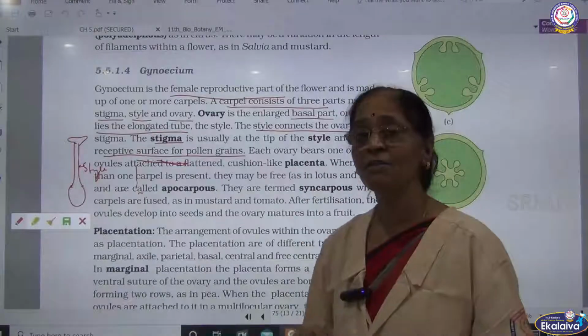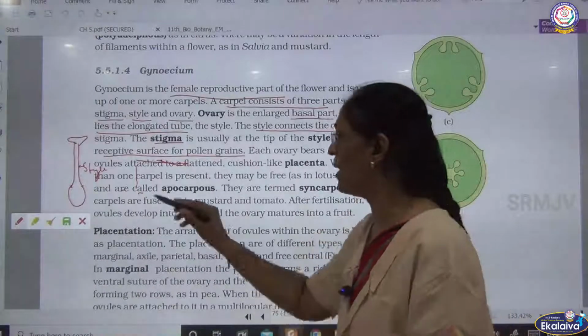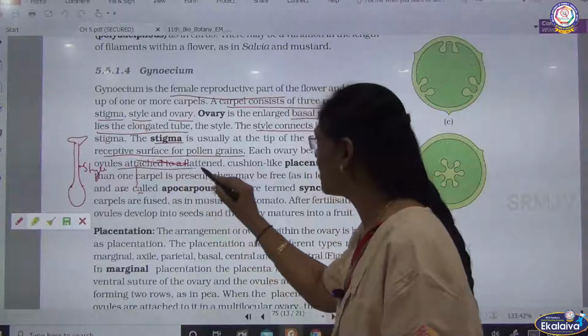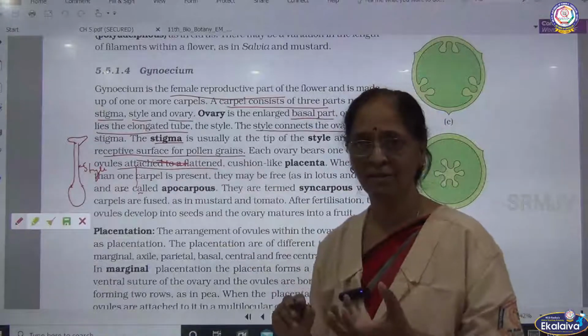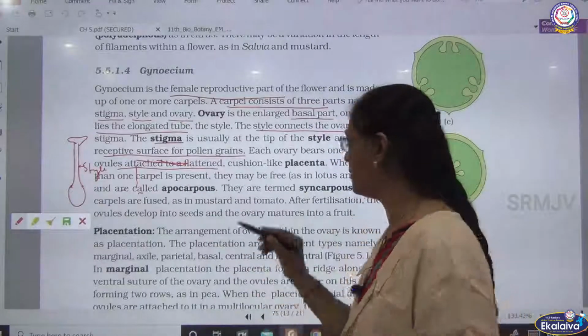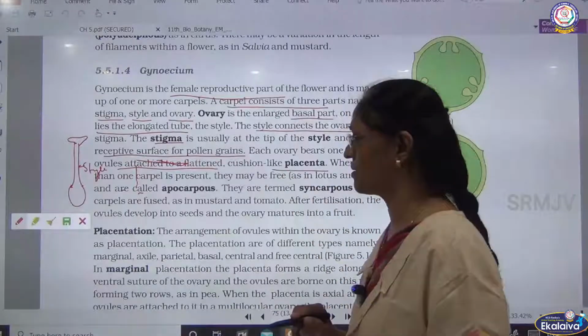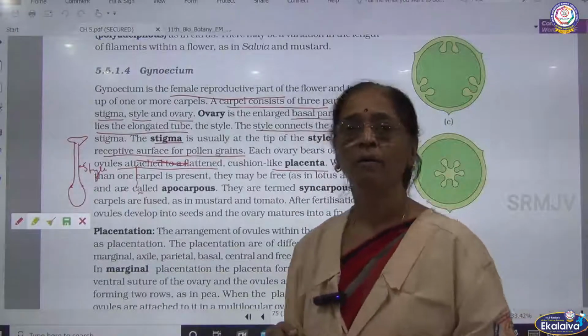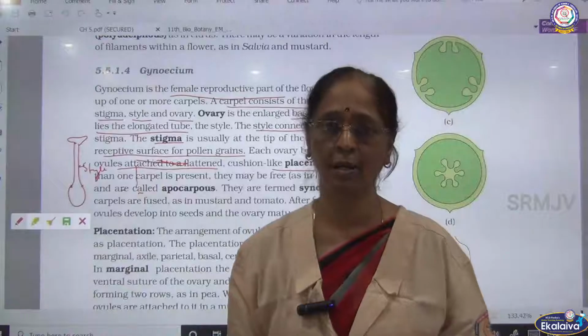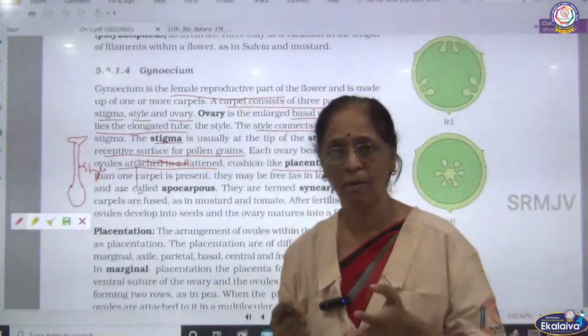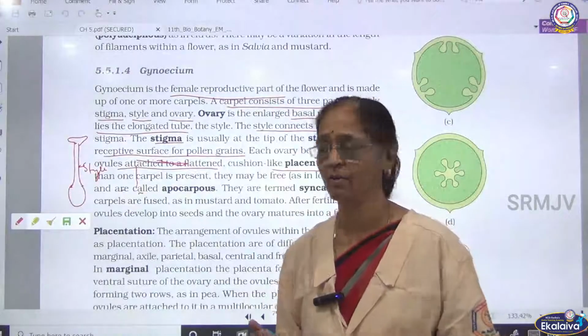Now, each ovary will bear either one ovule or more, attached to a flattened cushion-like structure, what we call the placenta. If there is more than one carpel, they may be free or united.